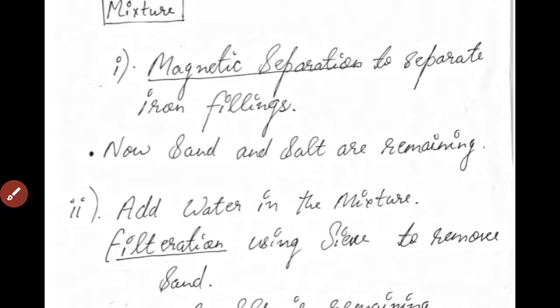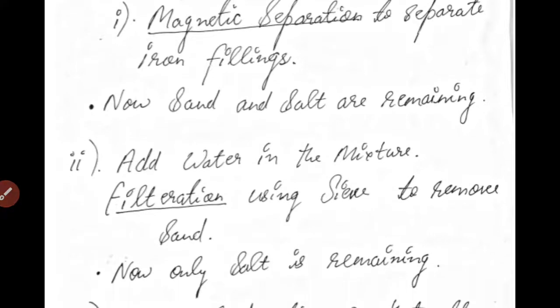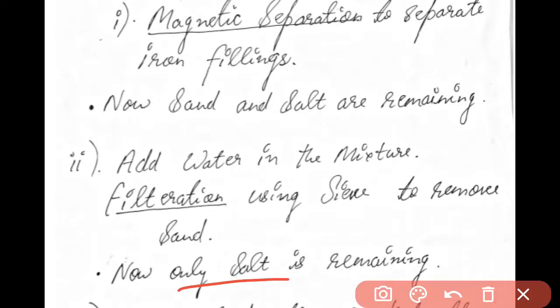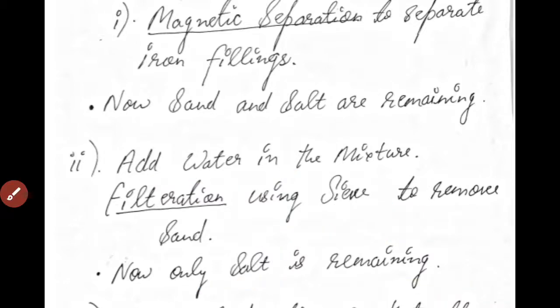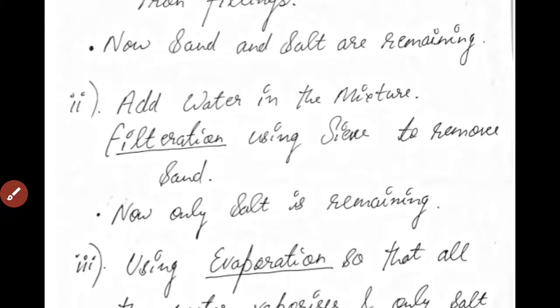Now the sand we have separated. Only the salt is remaining in the solution, salt plus water, because we had added the water in the second step. We have already studied how to separate salt and water, with the method known as evaporation.